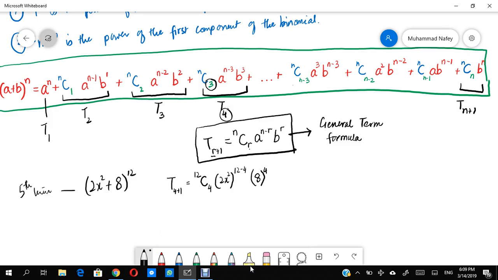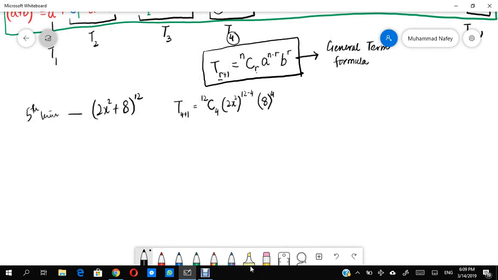Now let's talk about another case. It's a simpler case this time. What if I simplify my binomial a plus b to the power of n a bit? By that I mean that this time instead of a, let's have 1. So maybe I have a binomial like 1 plus b to the power of n.